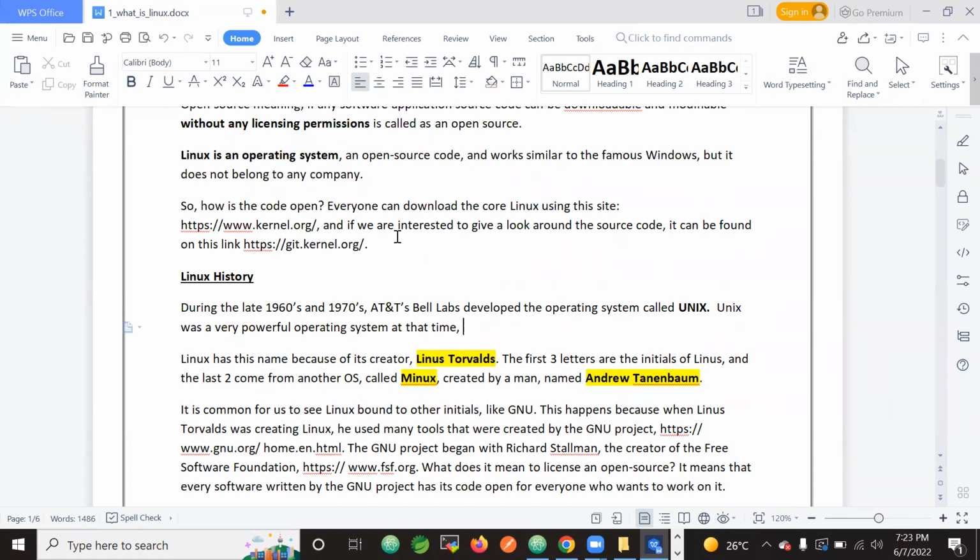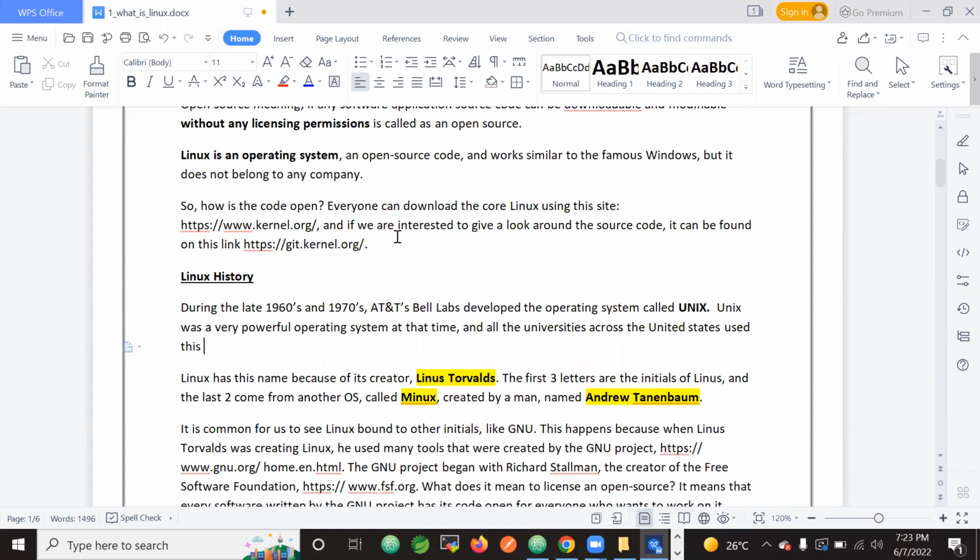At that time, all the universities across the United States used this operating system in their computer labs.